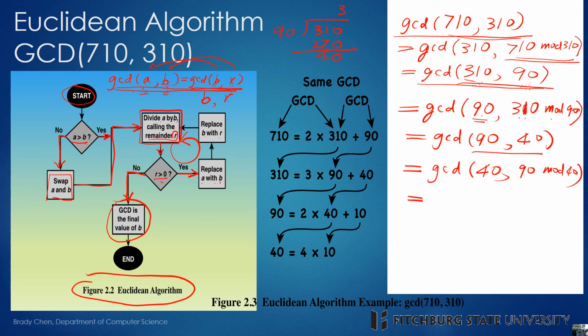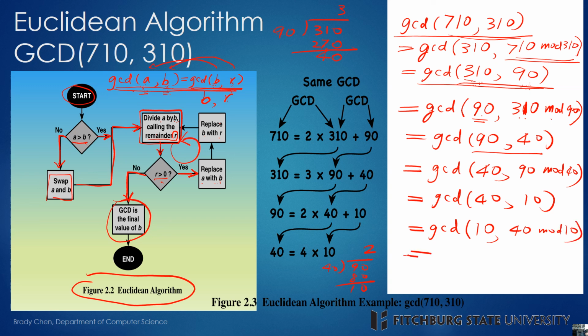And what is 90 modulo 40? We're going to do the division again. 90 divided by 40, we put a 2. So 80, remainder 10. Then we have a GCD of 40 and 10. Now we are closer. So it becomes GCD of 10 and 40 modulo 10.